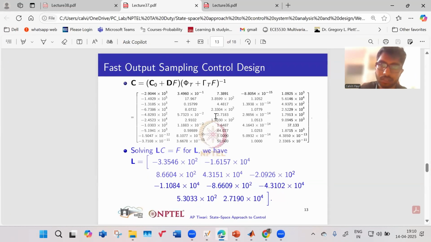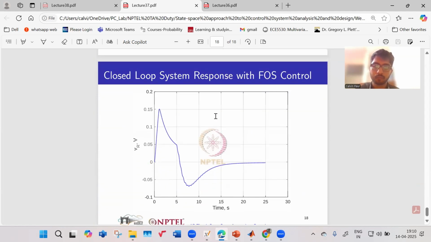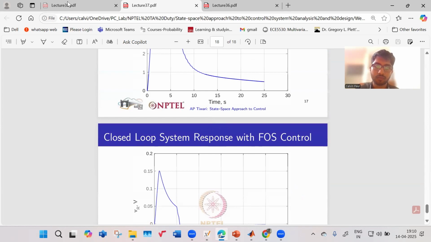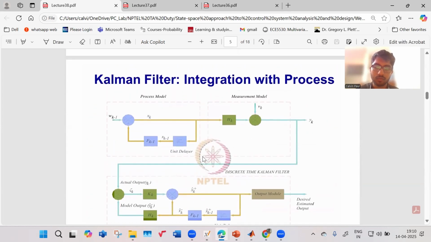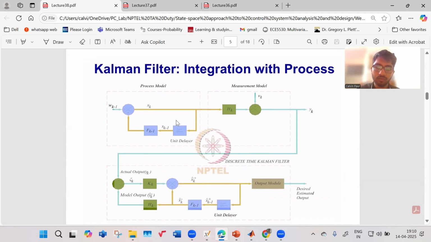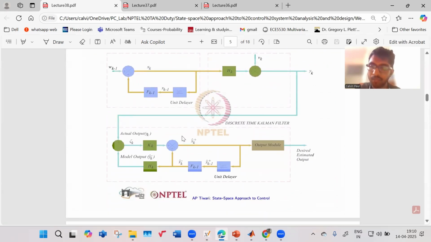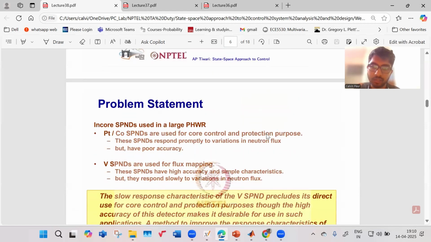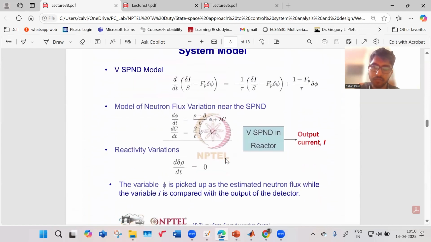Now let us go for the Kalman filter. So this is the actual process model. There's a measurement part, and this is our actual discrete time Kalman filter, which is being implemented digitally, discretely in our processor, etc. So there's a system model which we have.